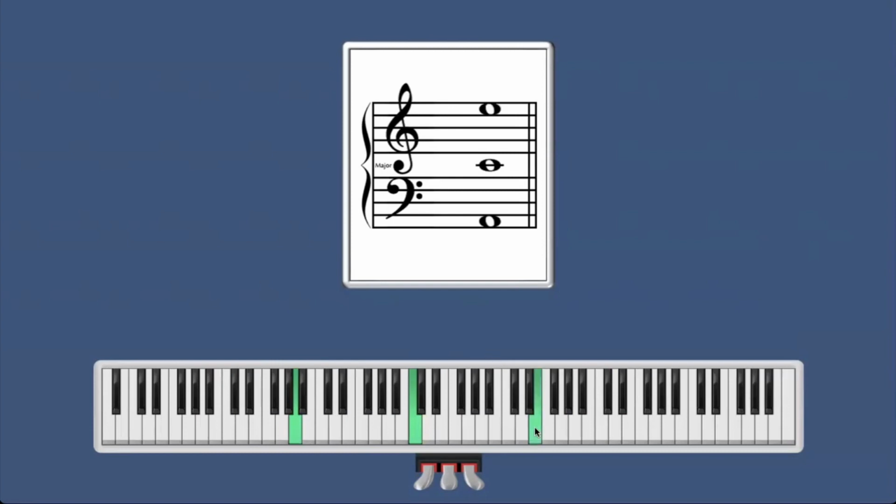Top space E, good. And then we have F, I think that's below bottom space A, right? Or F clef F, right below middle C. And then G, which is above C. G clef G, good. And then low C and high C. Good job. You got them all.